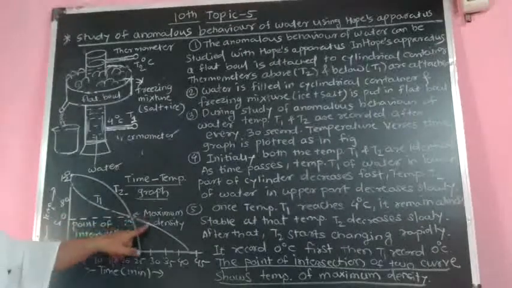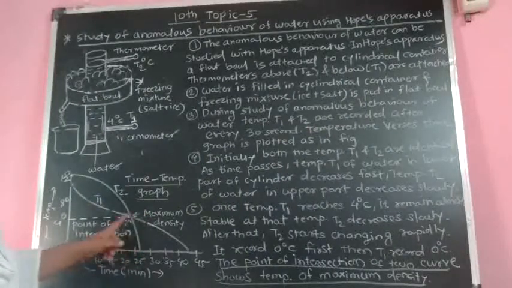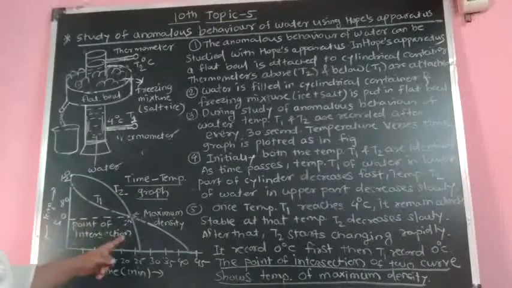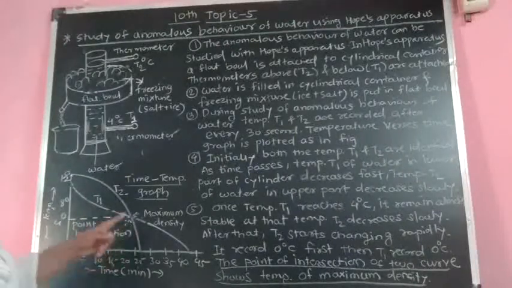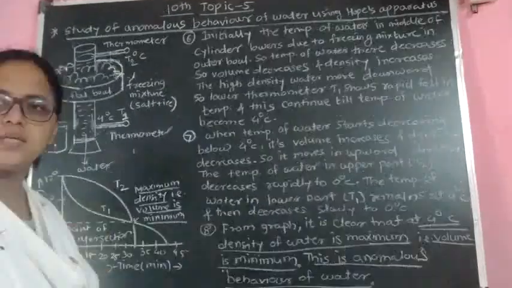It is the point of maximum density of water, that is, at 4 degrees Celsius, density of water is maximum, so volume is minimum. So from this graph, we can understand the anomalous behavior of water.